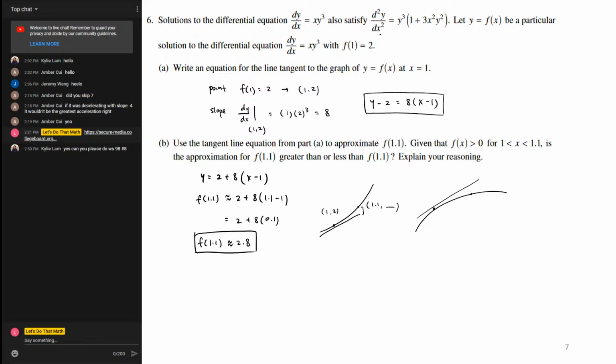So why don't I go ahead and plug in my values. Let's plug in (1, 2) into the second derivative and see what happens.